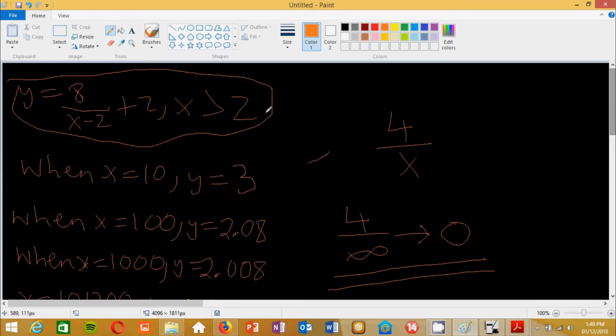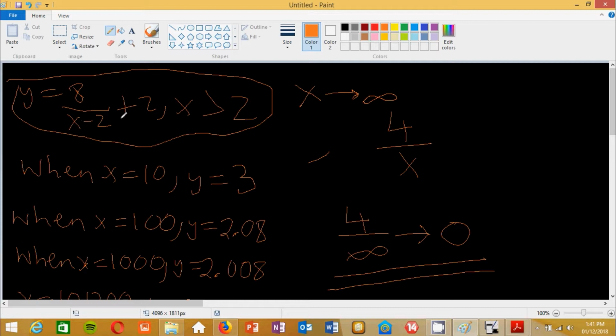You can just come here and say, look, if x is greater than 2, I know for a fact that x at some point is going to approach infinity. It's going to approach infinity because x can be any number as long as it's greater than 2. So as x becomes bigger and bigger, it's going to approach the number infinity. So if it approaches the number infinity, think about this as being infinity.